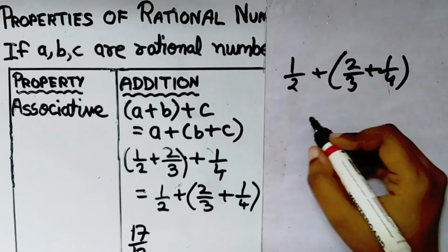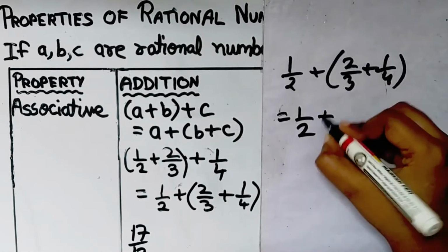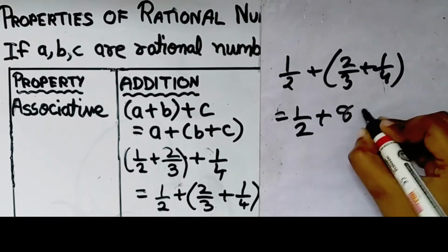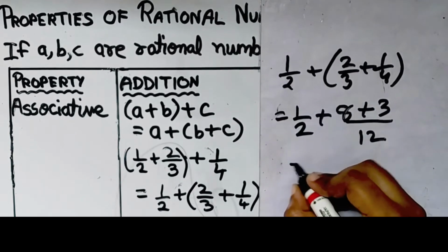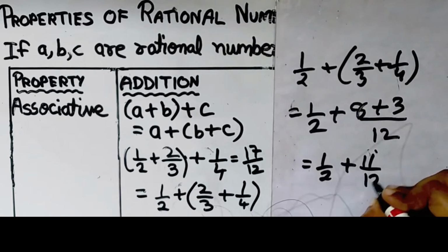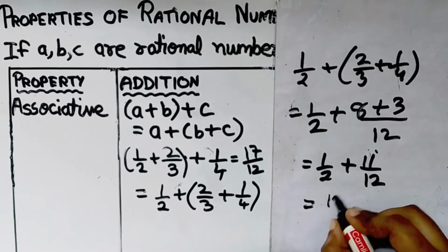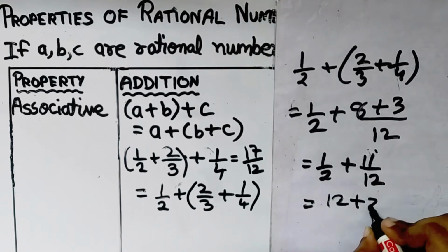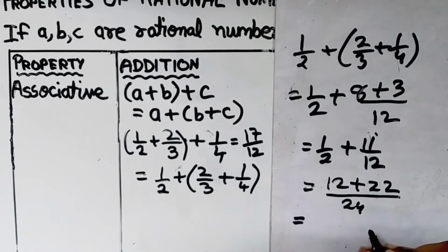Now we will solve the right hand side. Equal to 1 upon 2, we will keep it as it is, plus 2 4s are 8 plus 3 upon 12. So half plus 11 upon 12. Now we will solve this: 12 ones are 12 plus 2 11s are 22 upon 2 12s are 24, which is 12 plus 22, 34 upon 24.